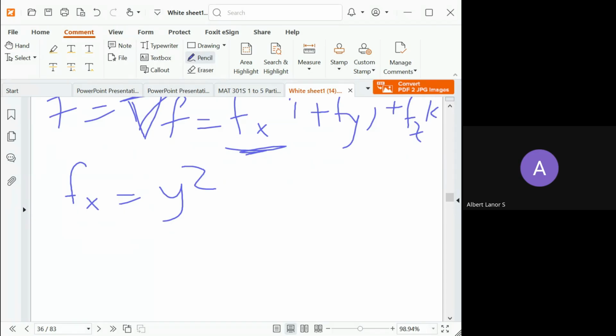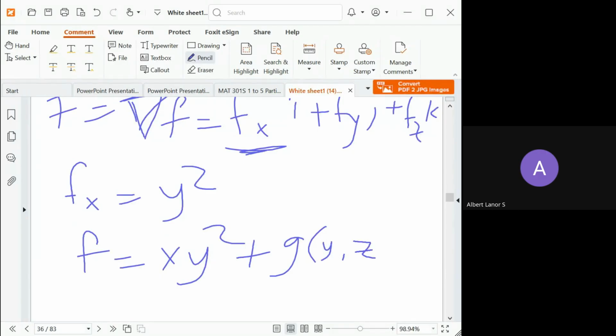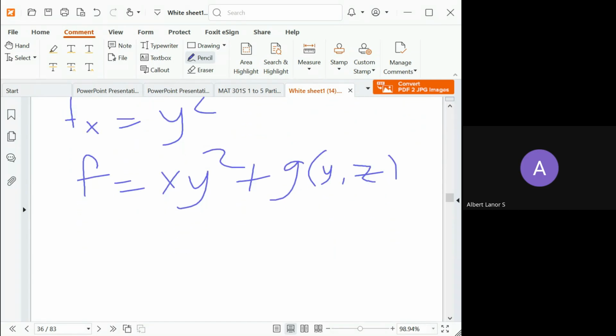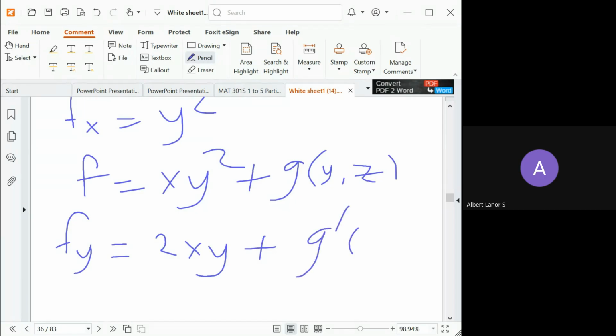Now, by this, f will be equal to xy squared plus a certain constant. So I'm going to call it g, but it will depend on the two other variables, y and z. Now, we'll differentiate this function with respect to y. You have 2xy plus g prime of y comma z.